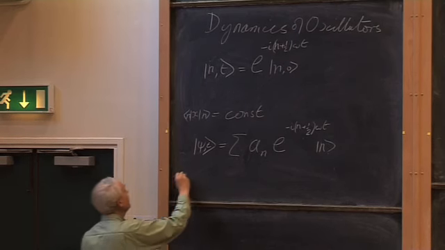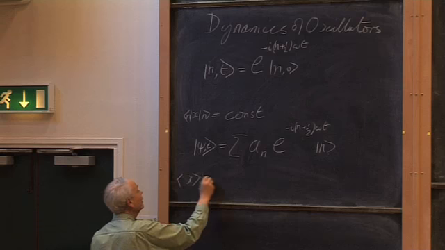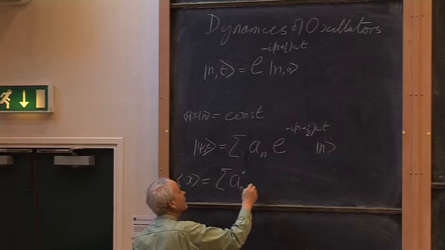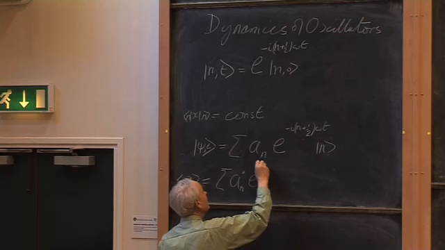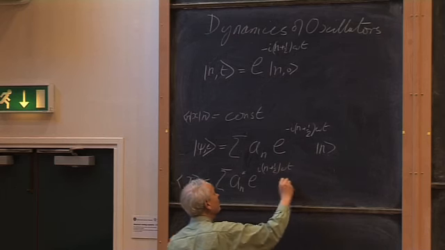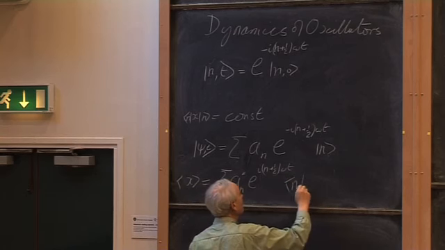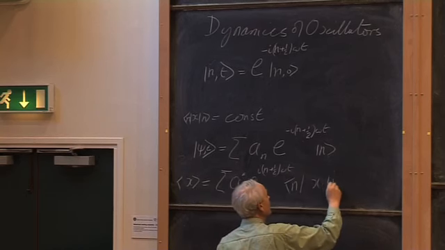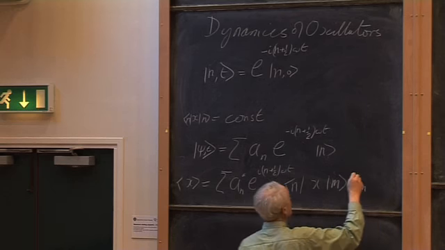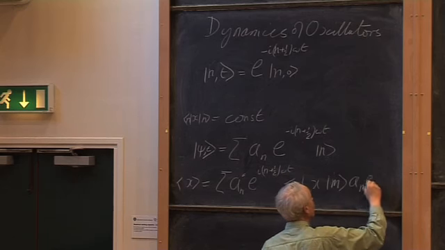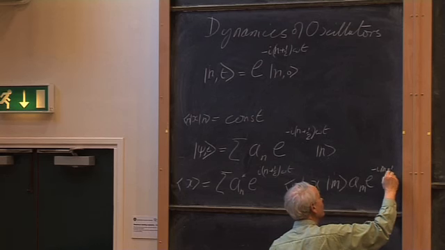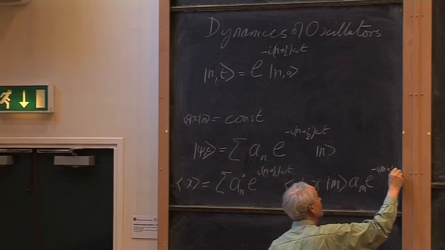And now let us work out the expectation value of x. So what is it? It's going to be the sum of a_n star e to the i n plus a half omega t times bra n, times x, times ket m, times a_m, not starred, e to the minus i m plus a half omega t.